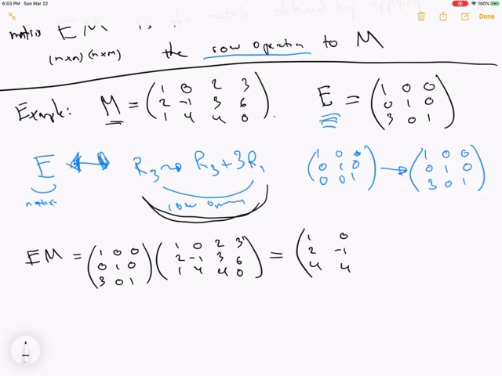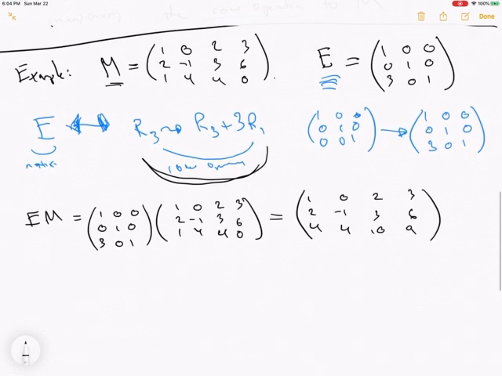Do the next row, you get 2 times 1 gives you 2, then you get 2 times 0, 3 times 1, 3, and then you get 2 times 3 plus 4 gives you 10. And for the last column, you get 3 times 1 gives you 3, 6 times 1 gives you 6, then you get 3 times 3 plus 1 times 0, which is just 9.